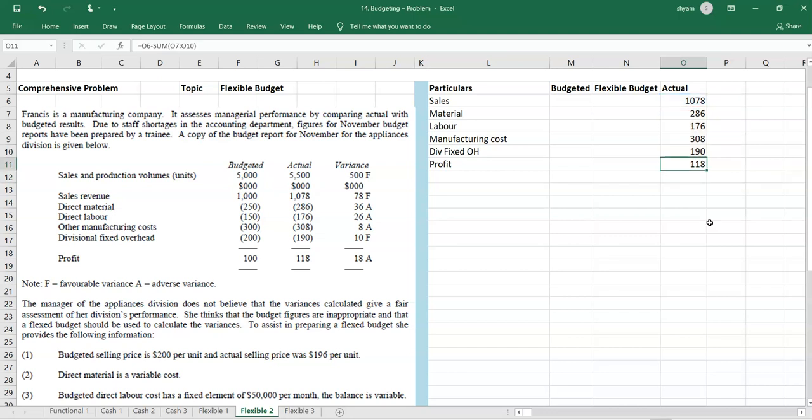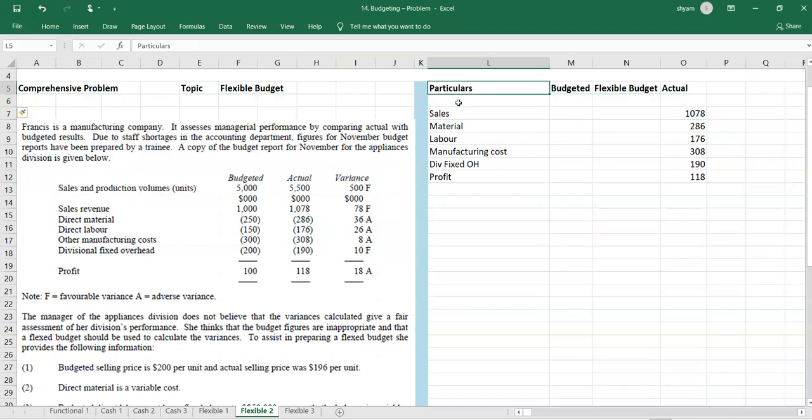Okay, I think we got all the actual numbers. So let's work out the sum in terms of thousands. Let's get the sales number.